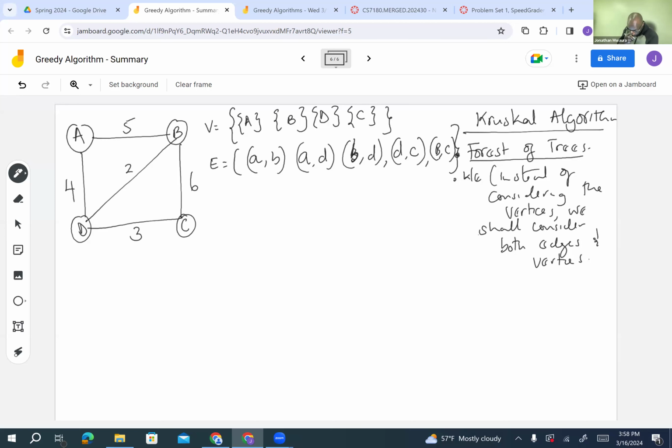Now, let me label the points. A to B is 5. A to D is 4. B to D is 2. D to C is 3. And B to C is 6.